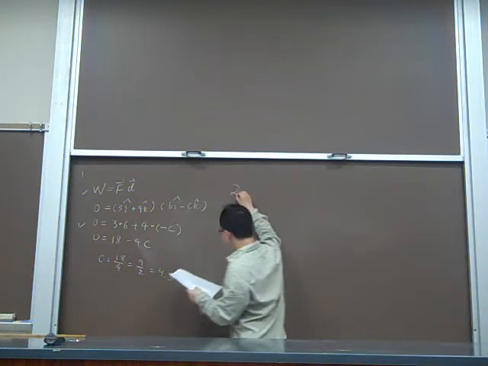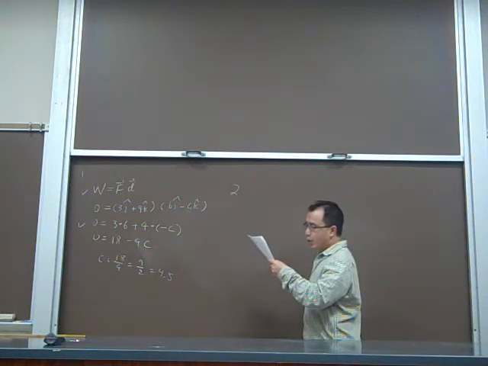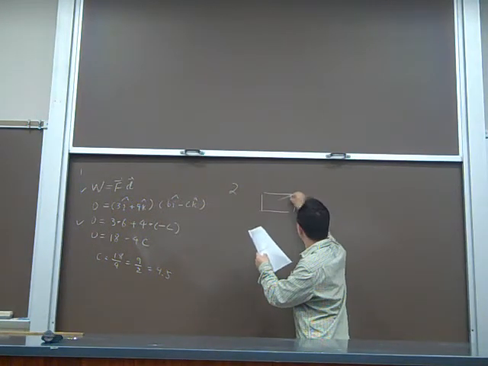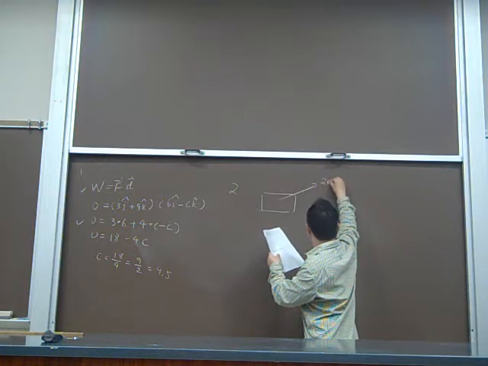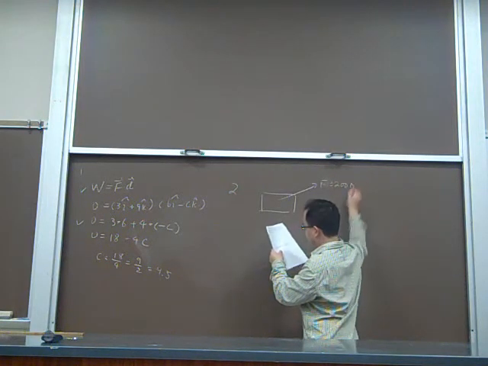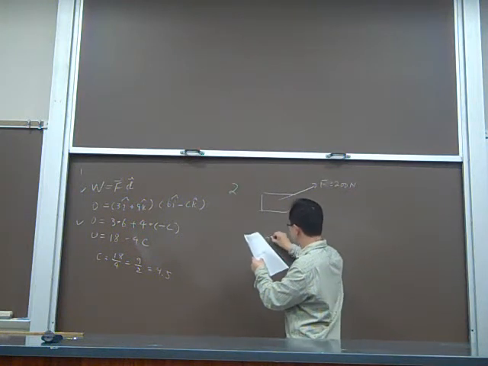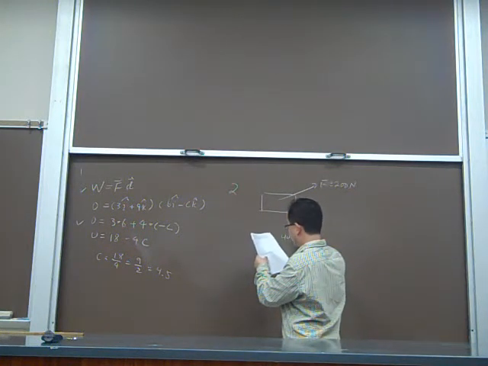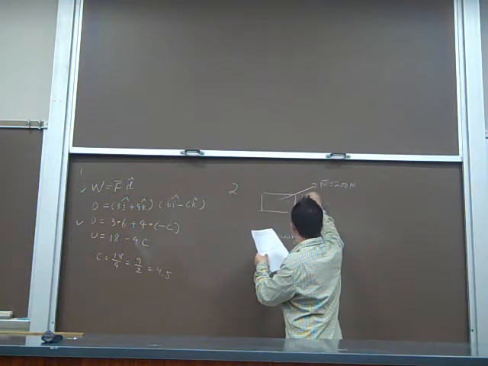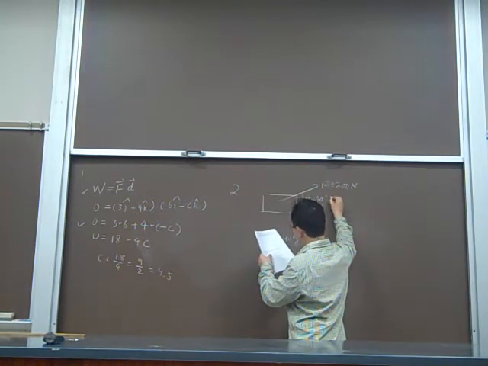And question 2, a worker pulls a 40 kilogram crate with 200 Newton force at an angle of 30 degrees.